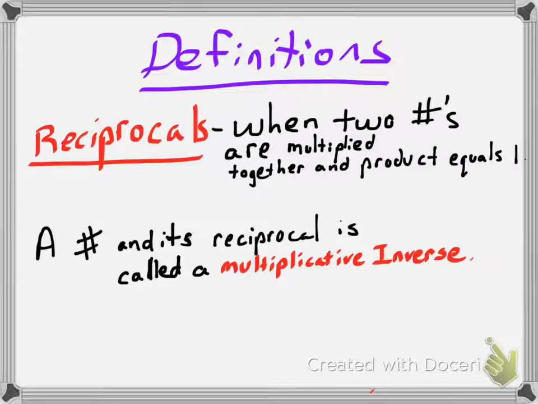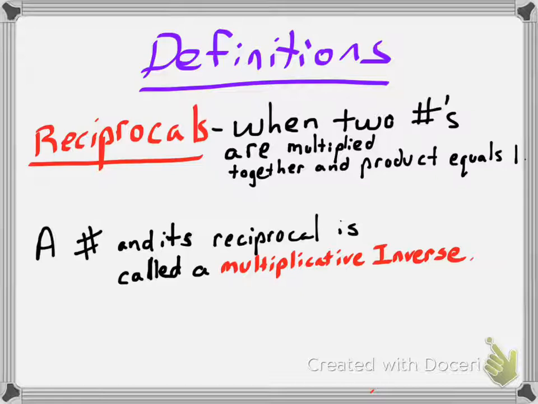Reciprocals. When two numbers are multiplied together and their product equals 1. So like 3/4 times 4/3.